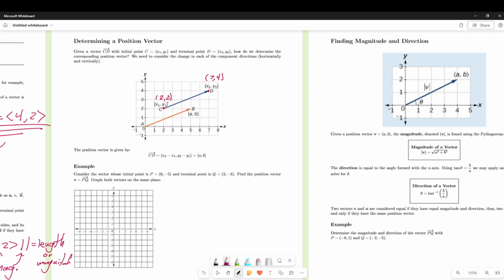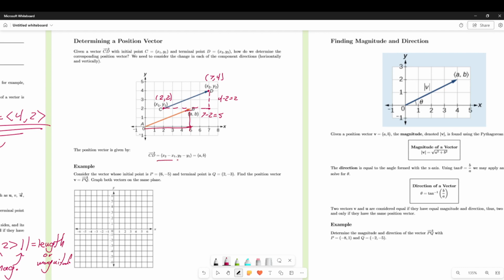So if we wanted to know what this vector would be if we put it in standard position, we essentially want to know how far is it in the x and how far is it in the y. Well, if we go from 2 to 7, we can figure out how far that is. Take 7 minus 2, and this distance has to be 5. And then from 2 up to 4, well, 4 minus 2, that's 2. So this vector goes over 5 and up 2.